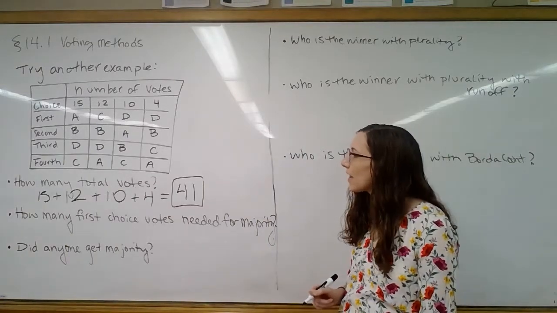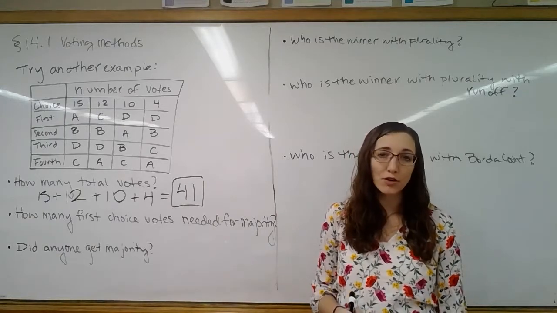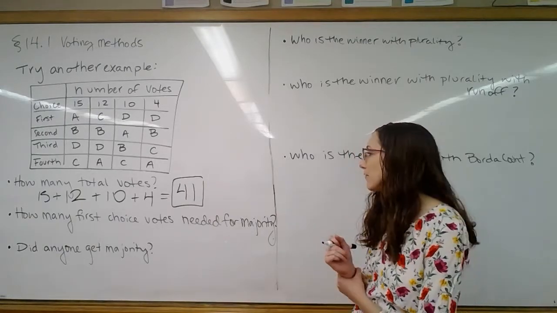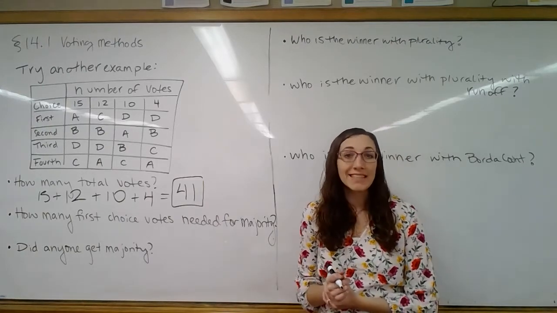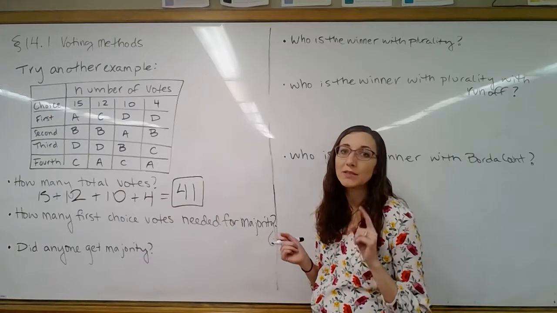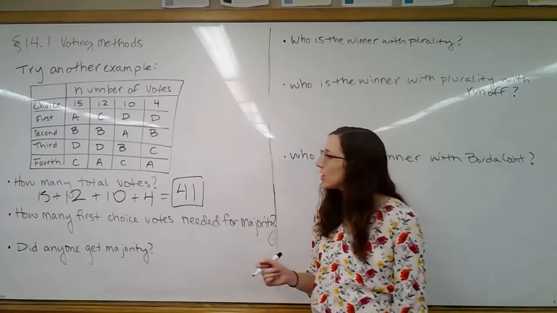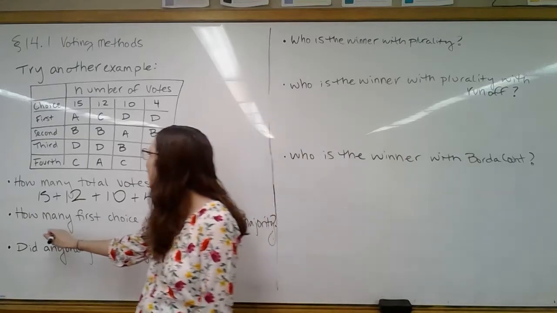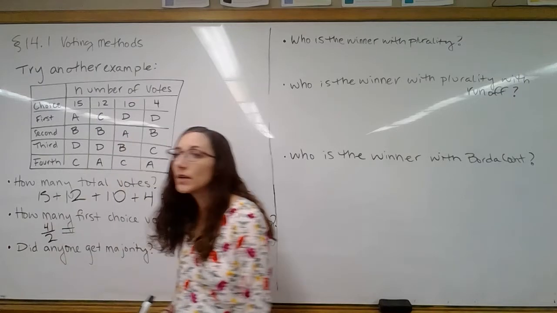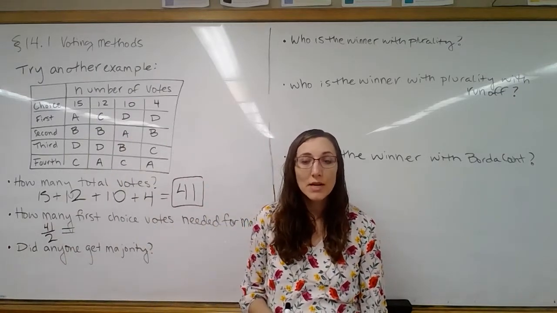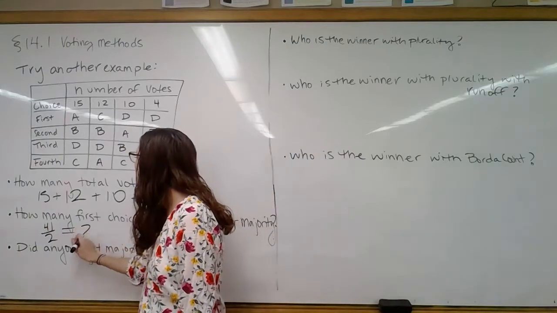Let's ask a question about majority. How many first choice votes would be needed for majority? Remember the definition of majority. Majority means more than half, right? So we need to take the total and divide it in half. 41 divided by 2 is really a fraction. It's going to be 20.5.